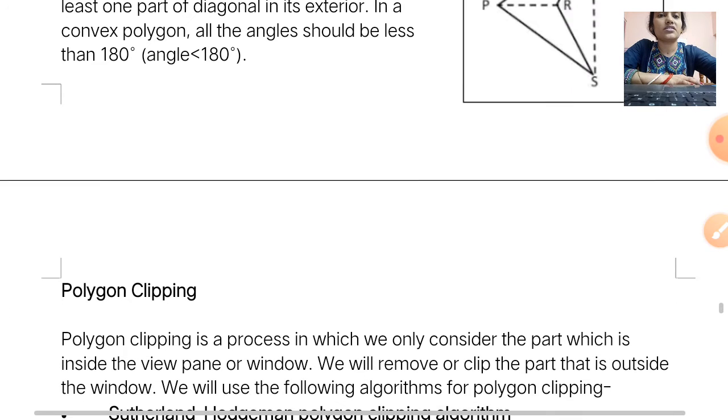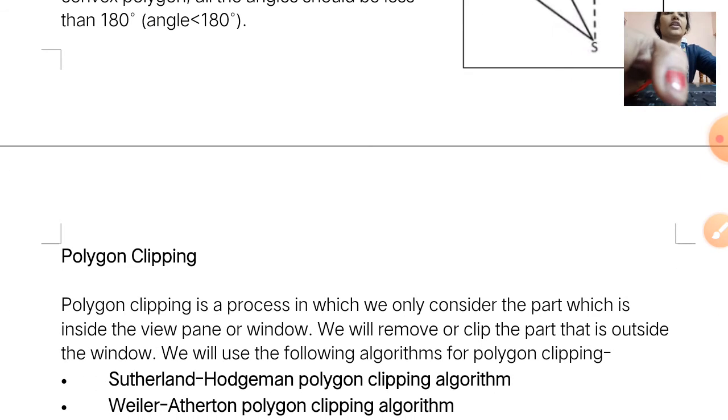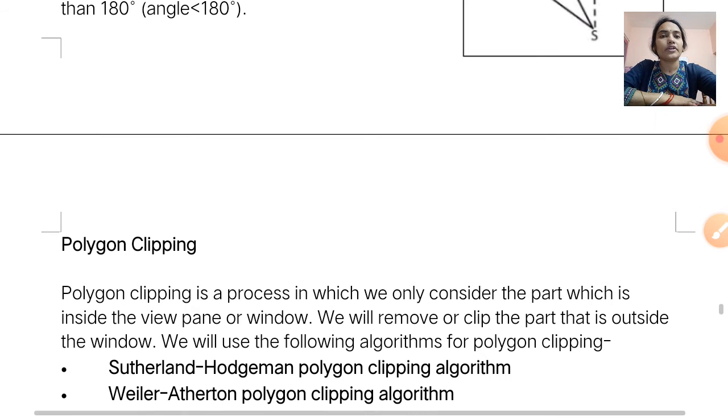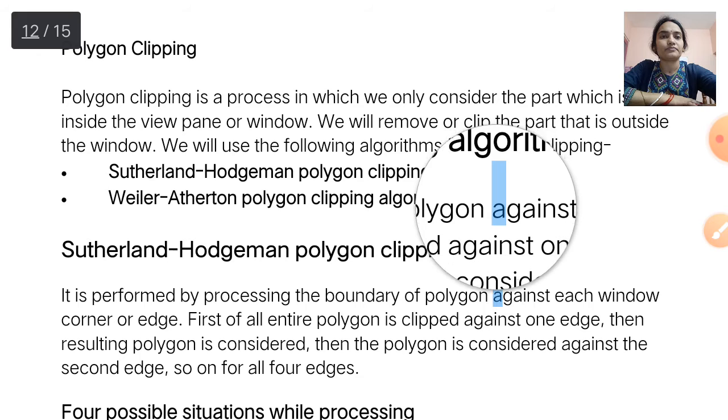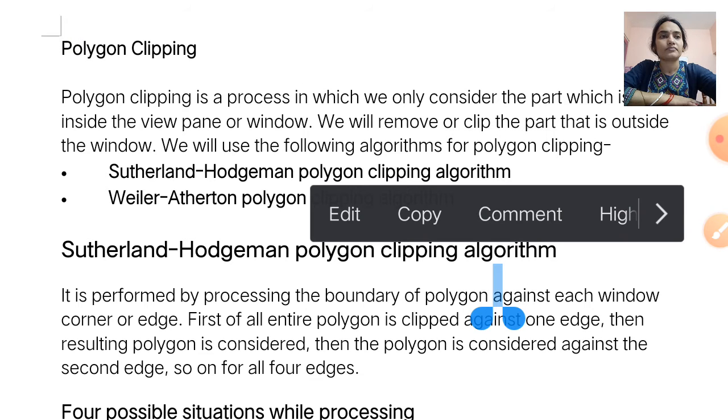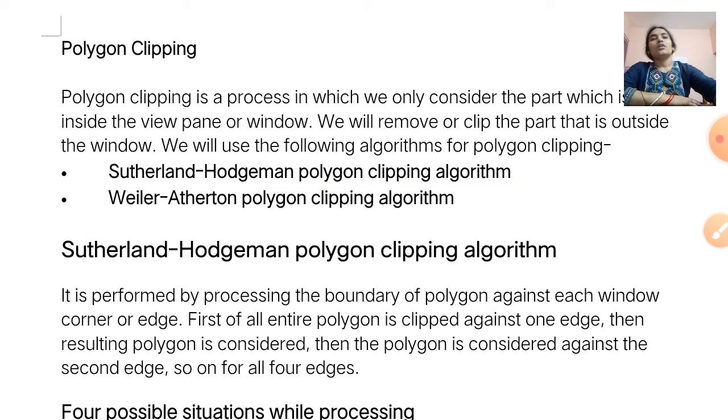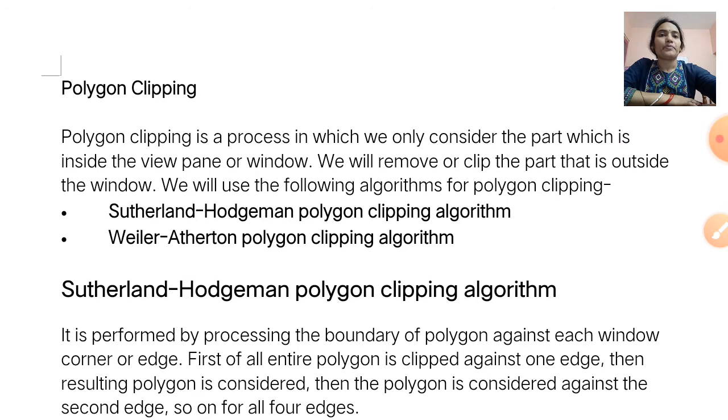Now let us discuss polygon clipping. Polygon clipping is a process in which we only consider the part which is inside the view pane or the window.